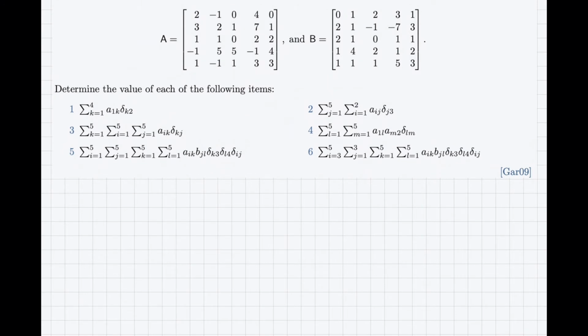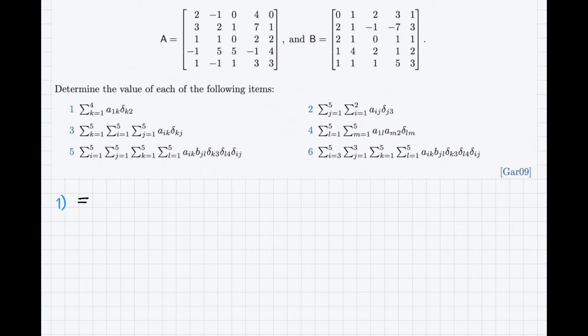Of course, if I want to calculate this, it is not a big deal. So for example, one way to deal with this is just expanding the sigma in its full form, and then use the definition of the Kronecker delta. Okay, so for example, I can calculate the first one in this way.